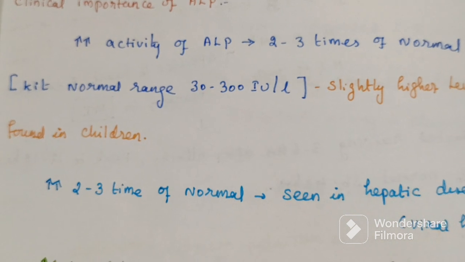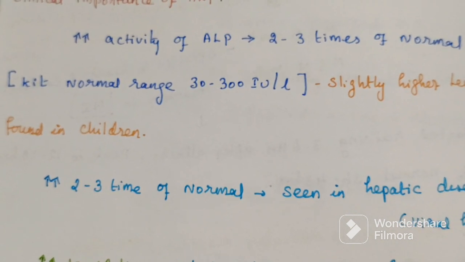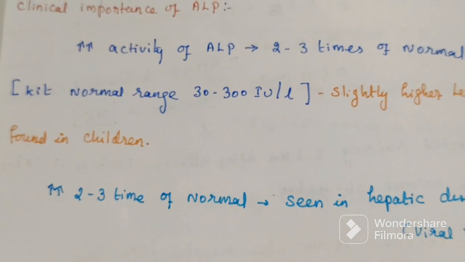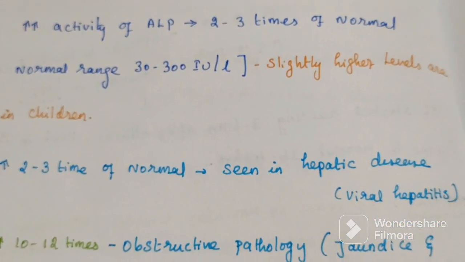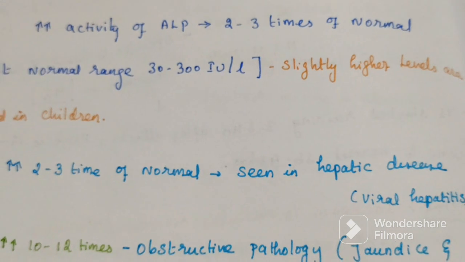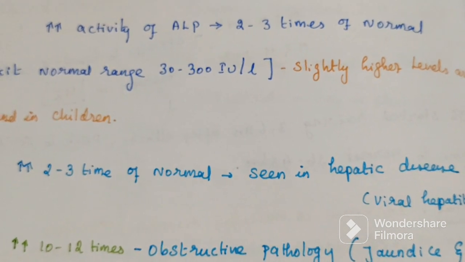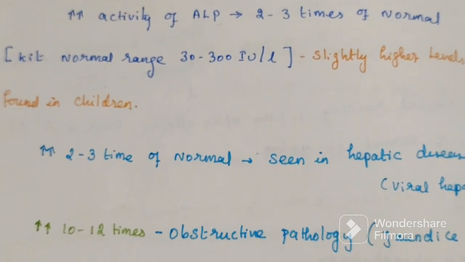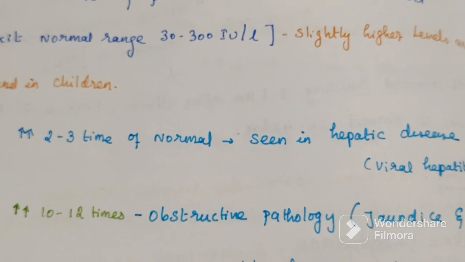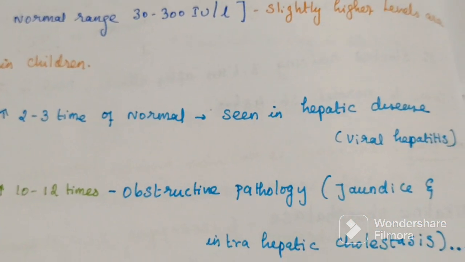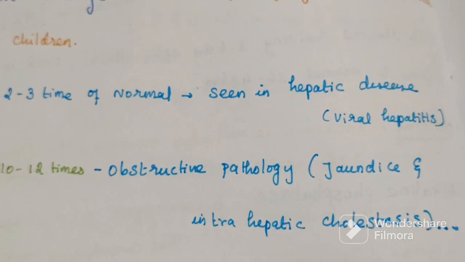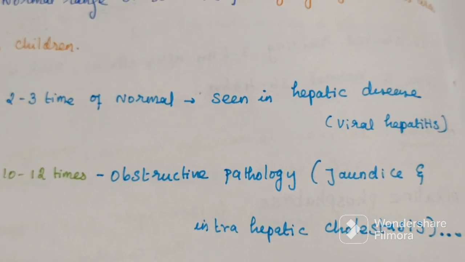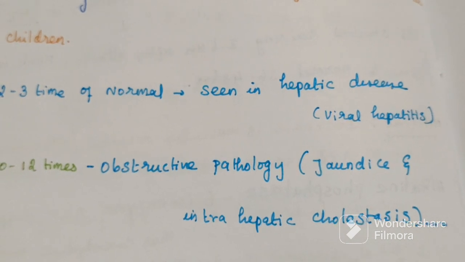Increased alkaline phosphatase activity is seen in hepatic disease, such as viral hepatitis. An increase of 10 to 12 times normal indicates obstructive pathology, meaning obstructive jaundice and intrahepatic cholestasis.